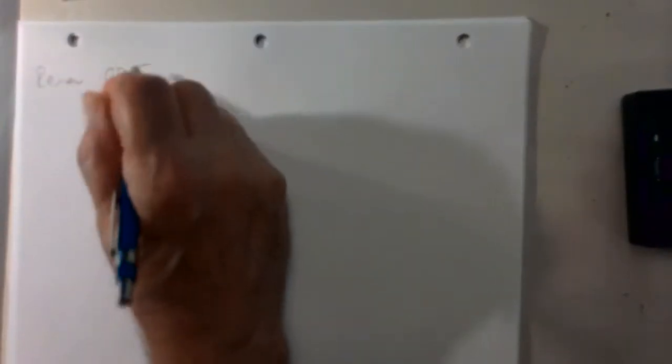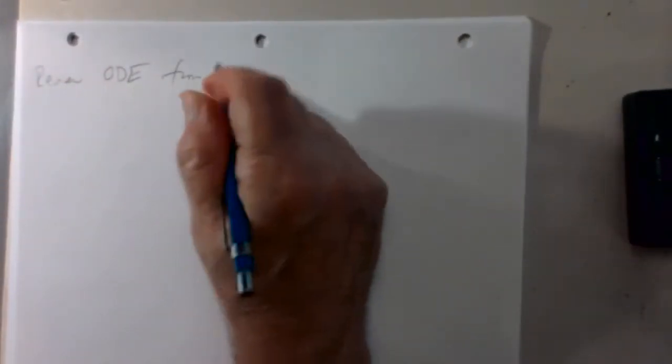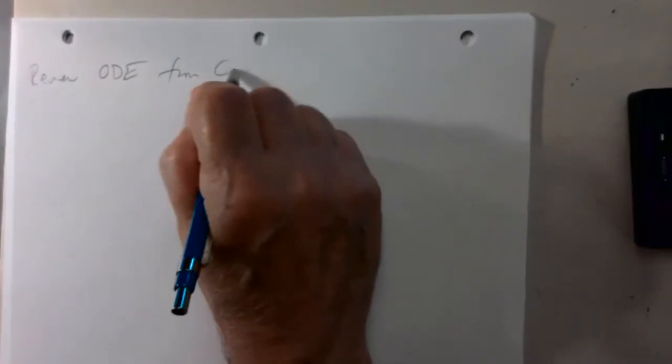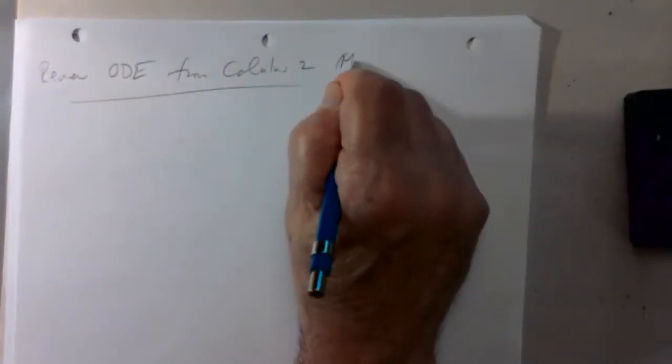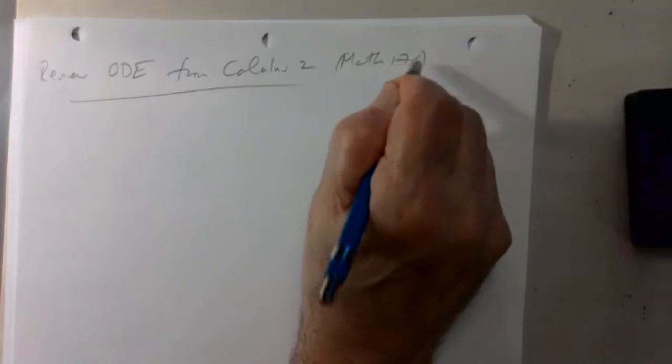But we've just covered lesson 1, and I also want to just review something about ordinary differential equations from Calculus 2. Math 176, says Lehman.